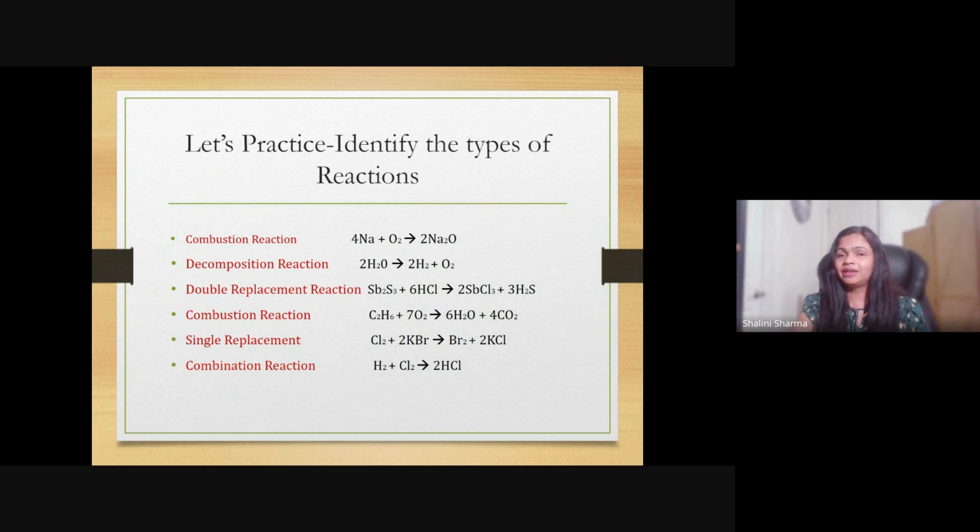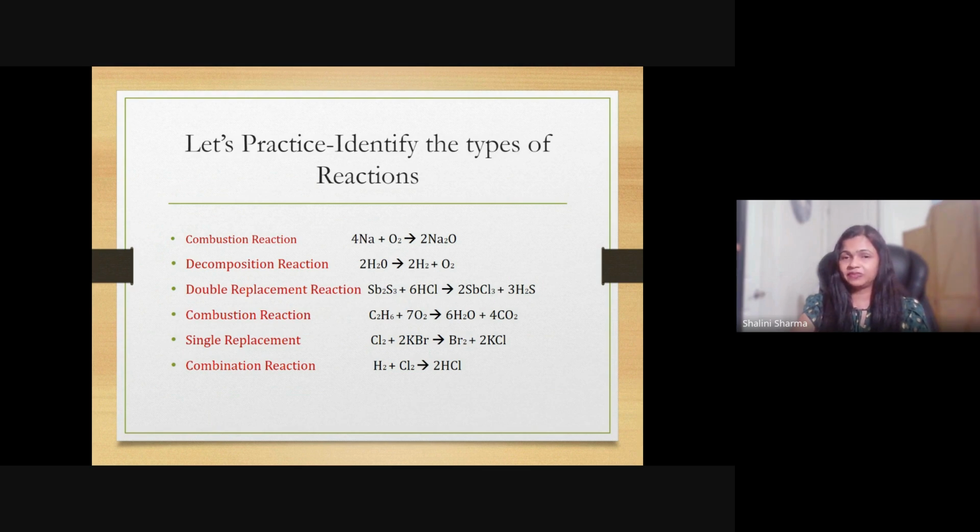So chlorine kicks out bromine, and this reminds us of the activity series of metals. Chlorine, being more reactive, kicks out bromine from potassium bromide, forming bromine and potassium chloride on the product side.